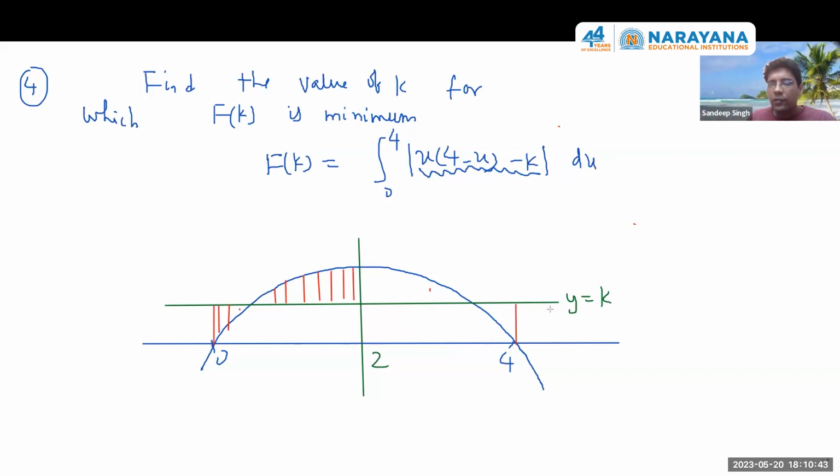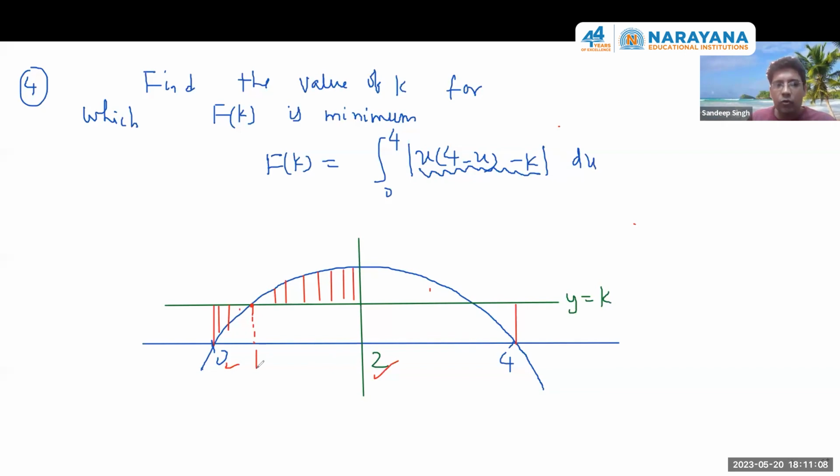Let me first tell you the theorem which I am going to state just after this. This sum of areas, the area of the red shaded part, will be minimum when you take the point of intersection at the average of 0 and 2. So what is the average of 0 and 2? Sir, 1. X equal to 1.